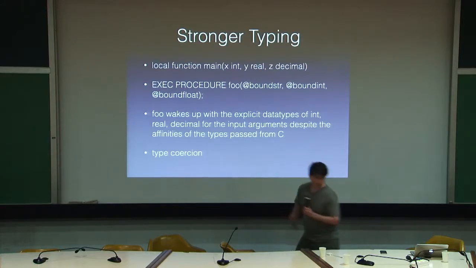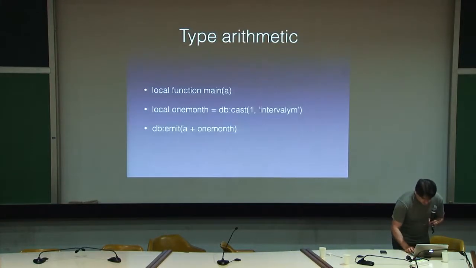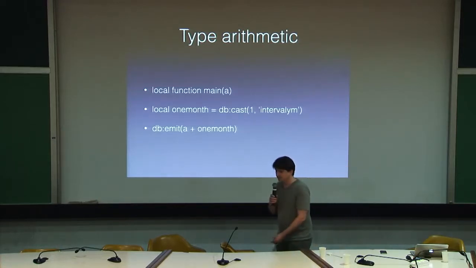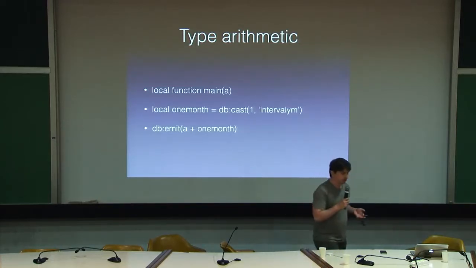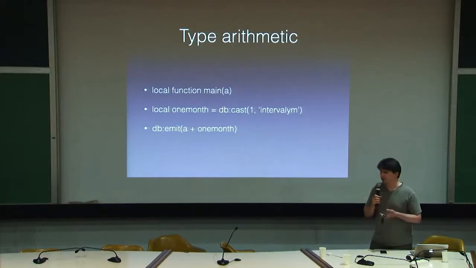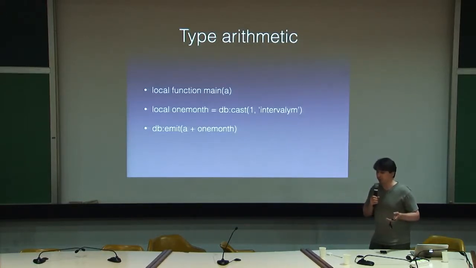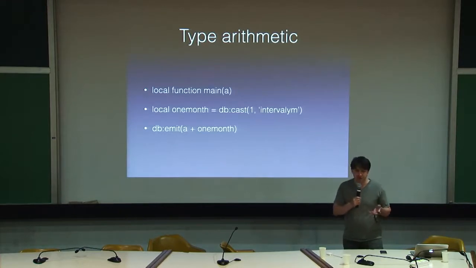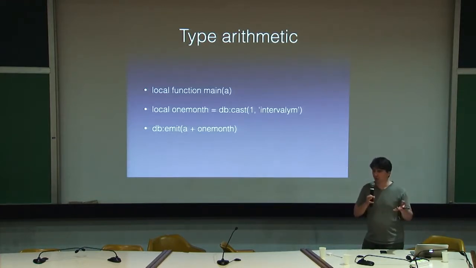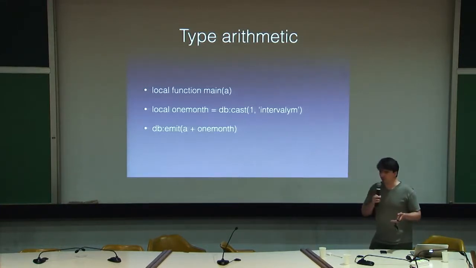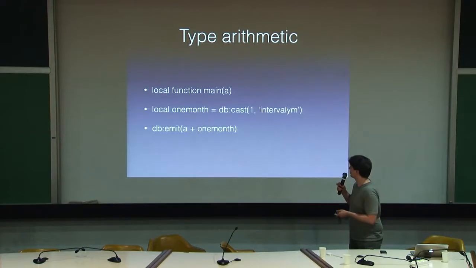I think I just lost a slide. The next thing we needed to add was basically the notion of type arithmetic. A lot of these data types have sophisticated arithmetic properties. For example, decimal floating point does math in an entirely different way than floating point numbers do, right? With different rules, higher precision. Date times work completely differently, obviously. So here's a silly example.